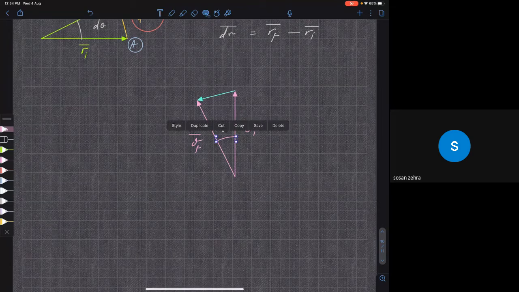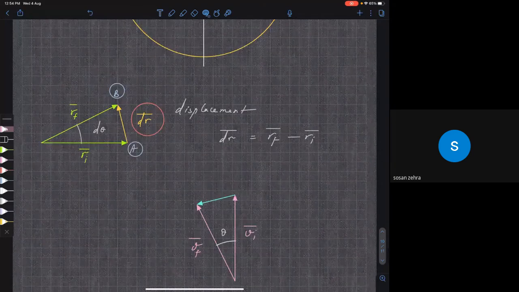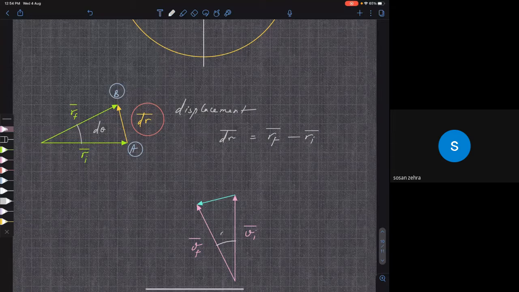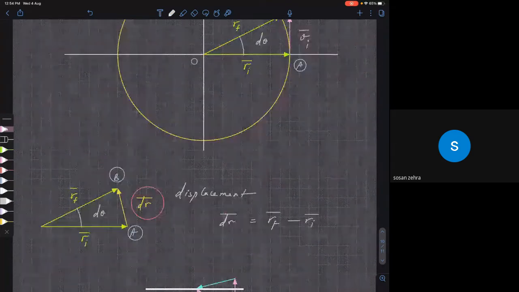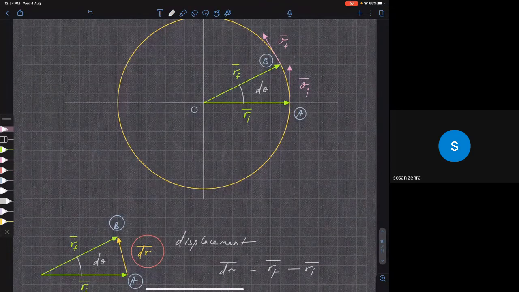Now the thing is, see, can you observe one thing? Why have I taken angle d theta here again? Because the angle between position vectors is d theta, then the angle between velocities also should be d theta. Why? Because this is perpendicular to this and this is perpendicular to this.